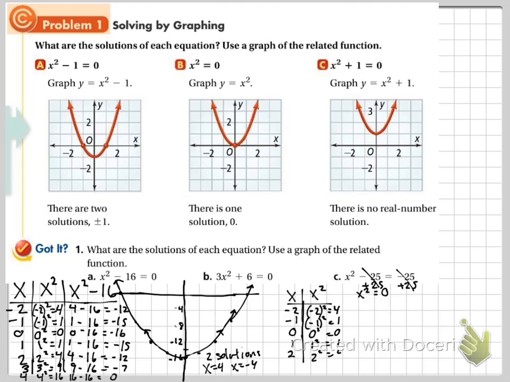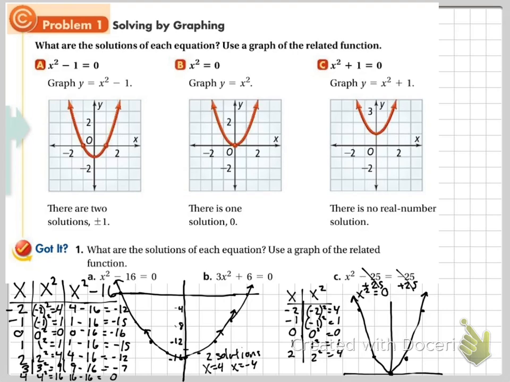And 2 squared is 4. Now if I graph this, 4, 1, 0, 1, 4, you can see that it doesn't cross, but it hits the x-axis once, right here. And that's where x equals 0.